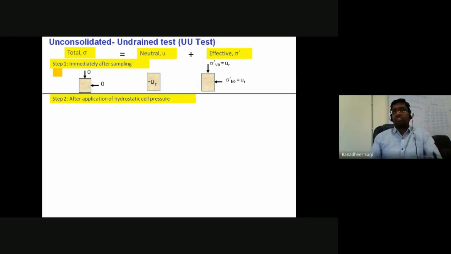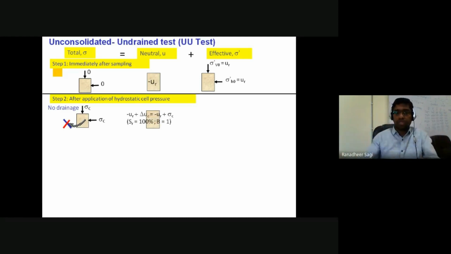Now, immediately after the application of your cell pressure, that is your first stage of loading, you are not allowing any drainage through your soil sample. Because of that applied cell pressure, there is an additional increment in pore water pressure, and that additional increment is because of the confining pressure you have applied.